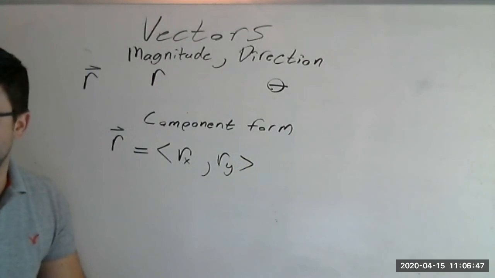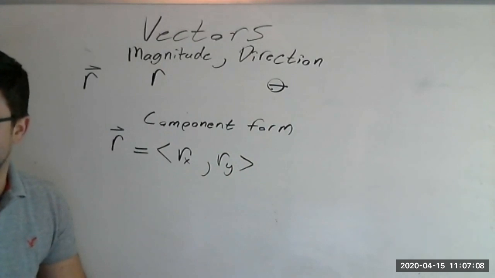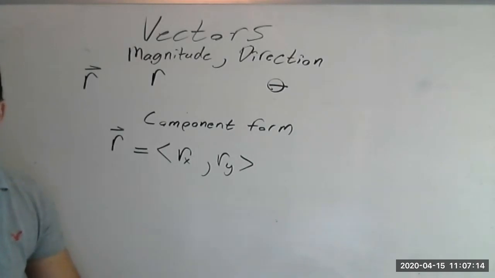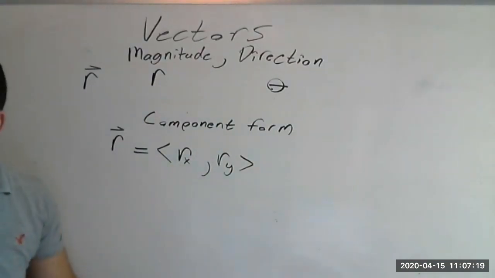So you can talk about a vector's magnitude and its direction outright, or you can talk about it in component form. And if I give you any two of these four things, R, theta, Rx, and Ry, you should be able to find the other two.